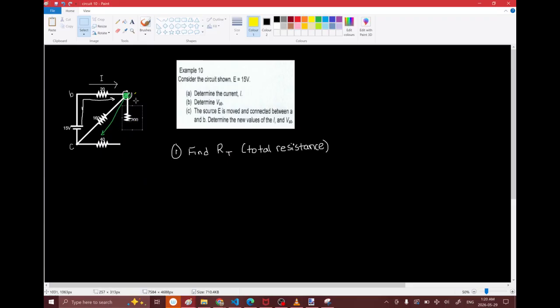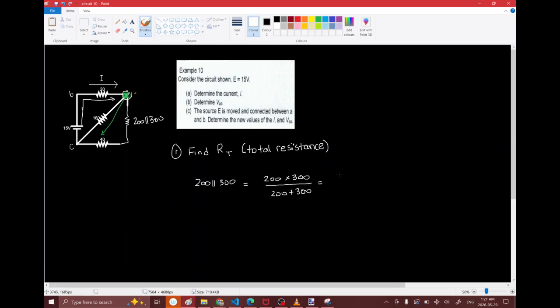So we get rid of these two branches and replace them with a single branch that goes down like this, and bam. So this one over here has the resistance equal to 200 parallel with 300, and 200 parallel with 300 is equal to 200 times 300 divided by 200 plus 300.